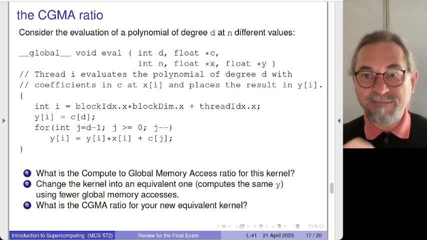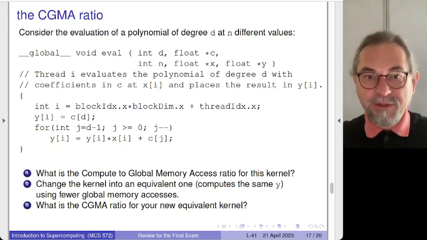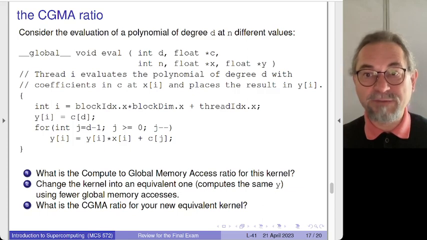So instead of every thread loading in the entire polynomial each time when needed, there is this data parallelism of loading in the coefficient vector into shared memory. So shared memory is just like registers.